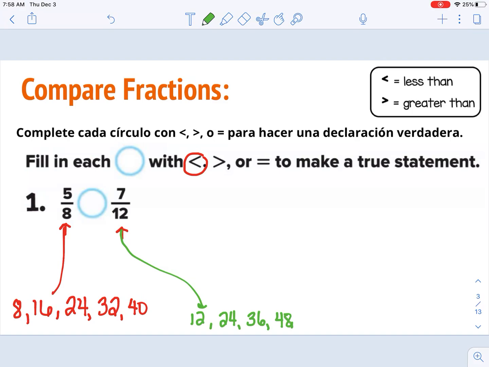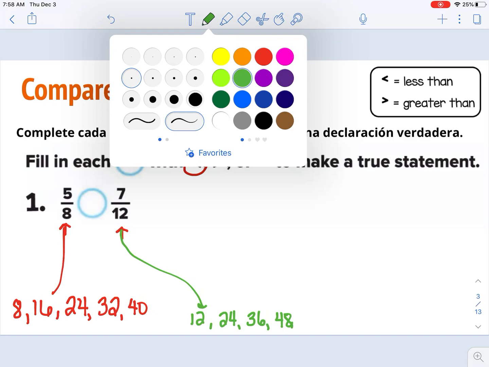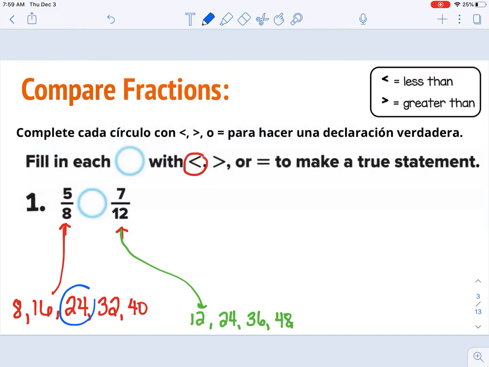Do you notice a number that they both have as a multiple? I notice that they both have a 24. So we are going to make equivalent fractions with the denominator of 24. We're going to turn them both into 24ths so that we can compare them better.